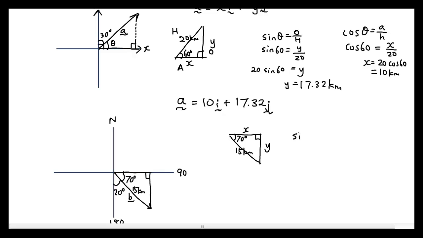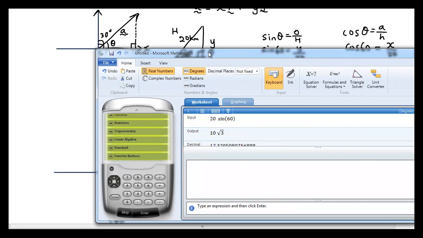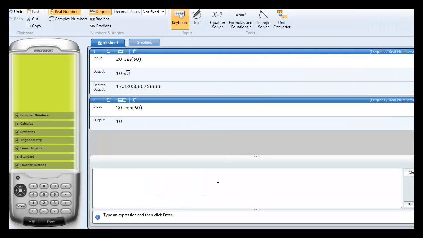Okay, so let's just find x and y. Sine theta equals opposite over hypotenuse. So that's opposite, hypotenuse, adjacent. Sine 70 equals y over 15. Y equals 15 sine 70, which is equal to 15 times sine 70.